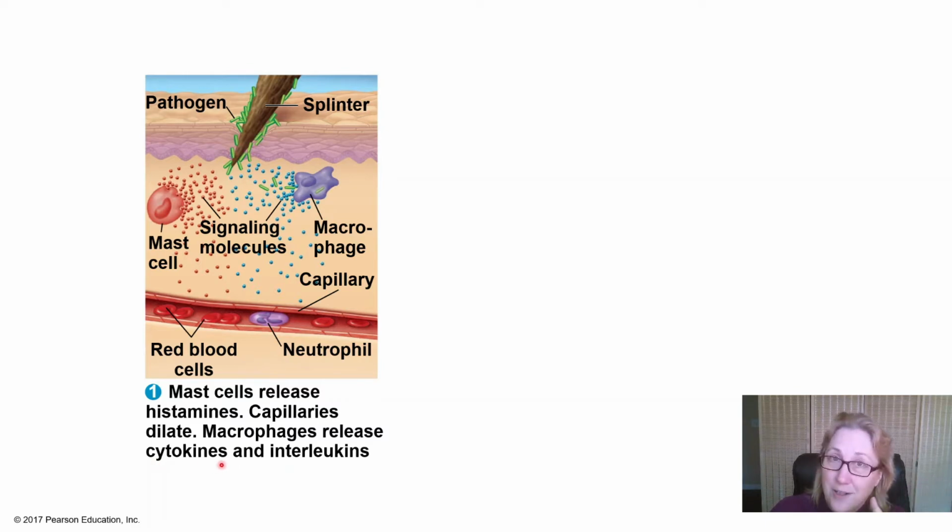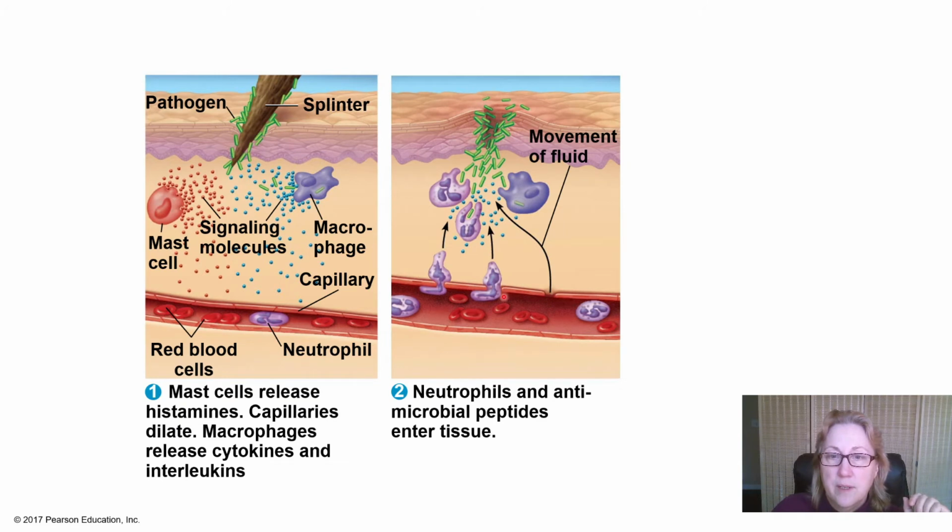Cytokines, there again, is another word that we've been hearing lately with overreaction to coronaviruses causing a cytokine storm. So cytokines activate nearby cells, cause other immune cells to divide and be attracted to the area, and generally increase the inflammation. So all of this activity is going to attract neutrophils in the bloodstream to leave.